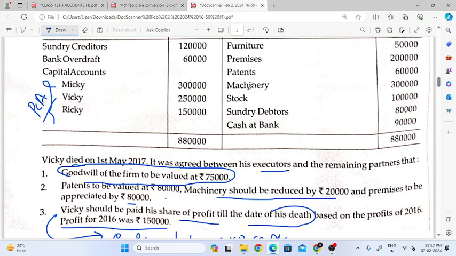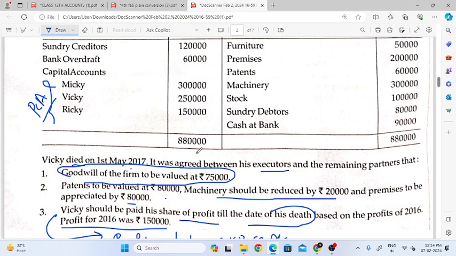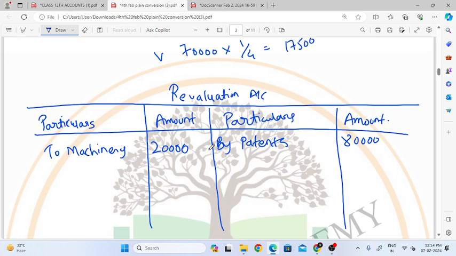So the actual amount of machinery is 3 lakh and they have told us that machinery is to be reduced by 20,000. So to machinery, directly they have given the amount 20,000. Then also they have given patents to be valued, this we took 80,000. Machinery should be reduced by 20 and premises to be appreciated.